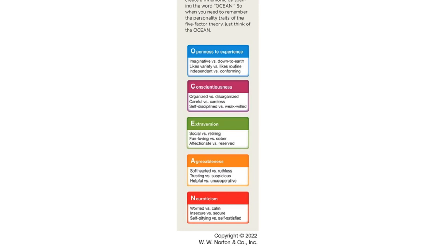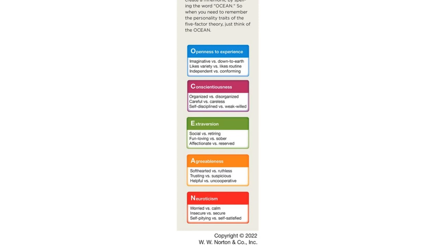Okay, these five traits, what's known as the Big Five, they predict many important real world behaviors. For example, people that are high in conscientiousness tend to have better physical health and they tend to live longer.